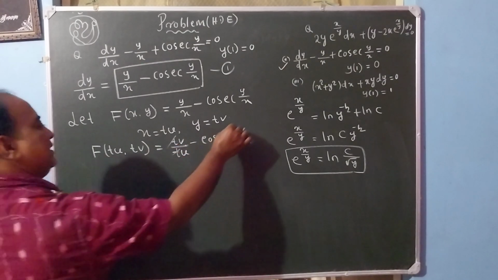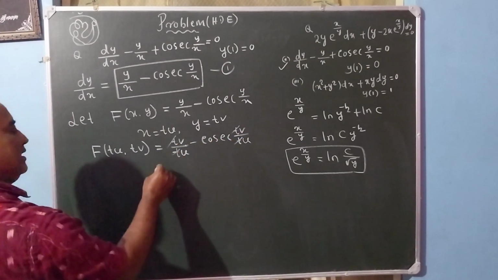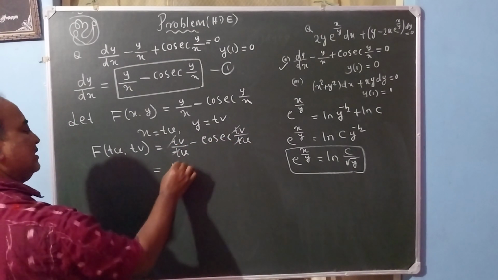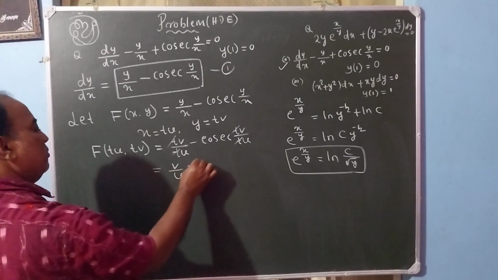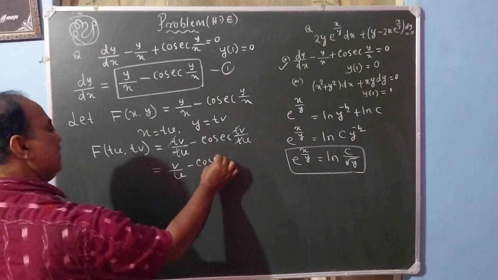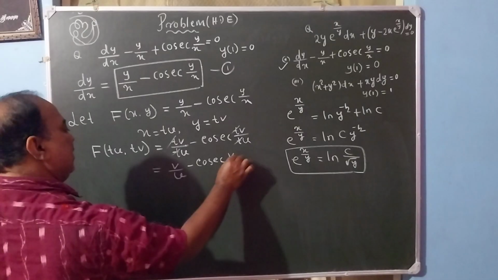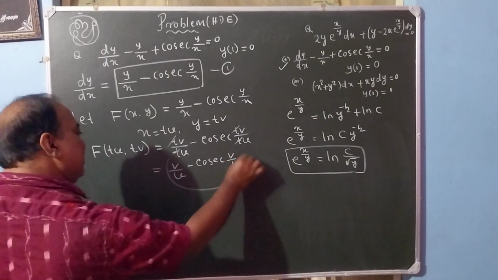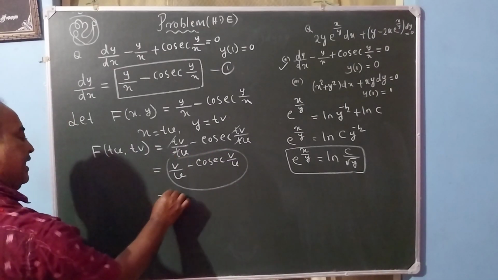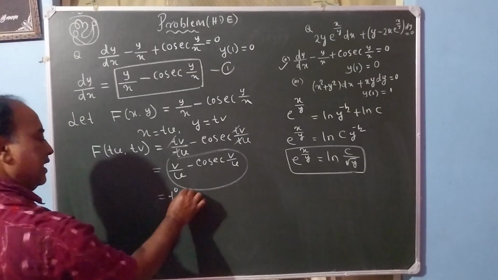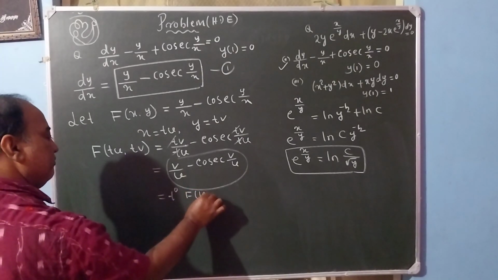T cancels. That can be written as v by u minus cosec v by u. So this is nothing but t to the power 0 f of uv.